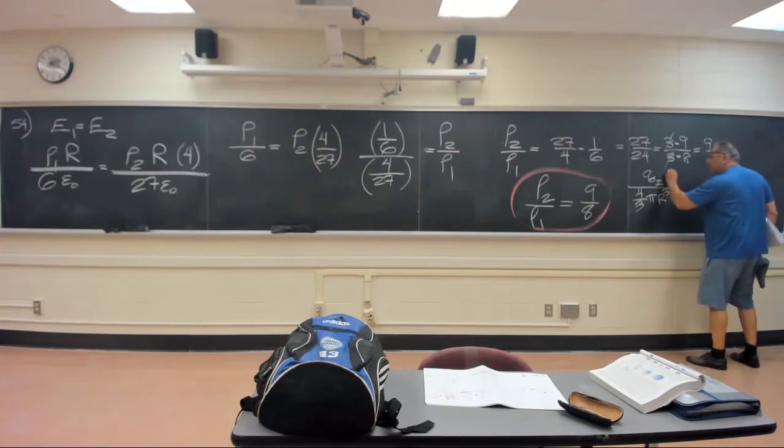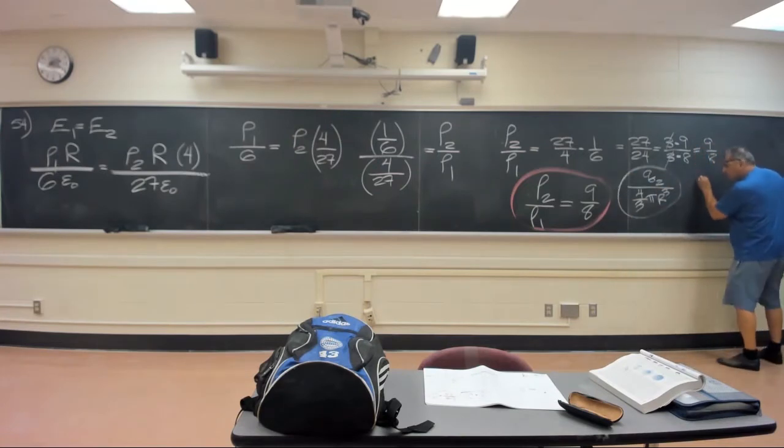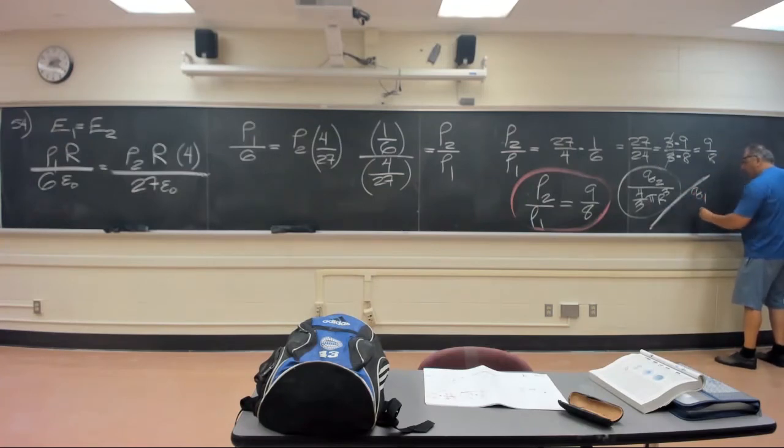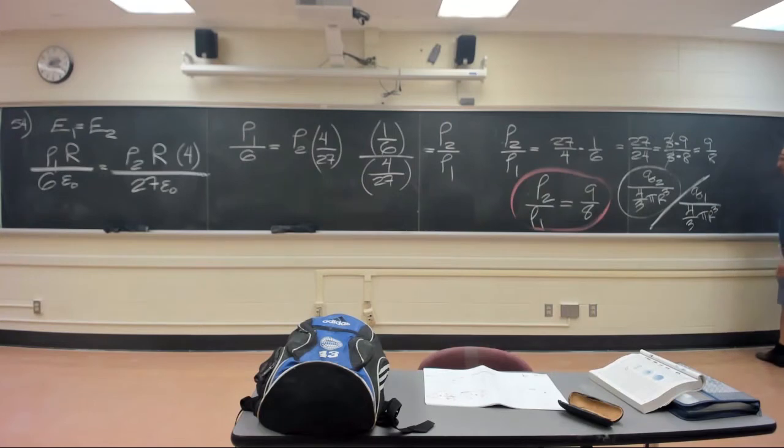That's rho 2. Rho 1 is Q1 over 4/3 pi r cubed. That is what rho 2 over rho 1 is.